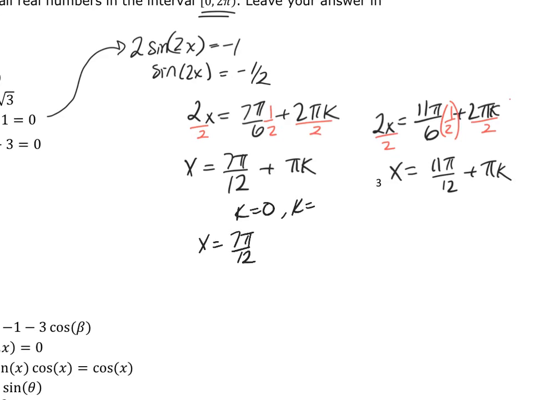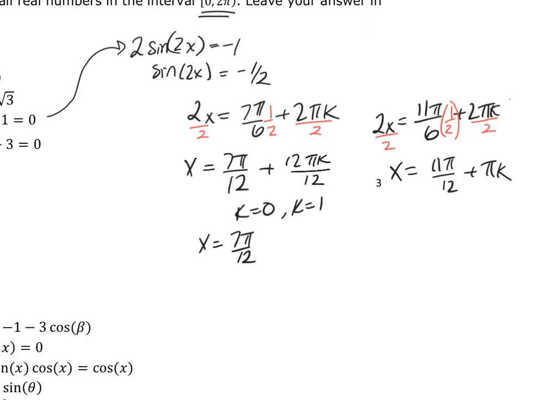When k equals 1, now I'm just going to go back up here and rewrite my pi k to have the same common denominator to make my life easy. So I'm just going to rewrite this as 12 pi k over 12. The only reason I'm doing that is so that I can add my fractions quickly and easily.